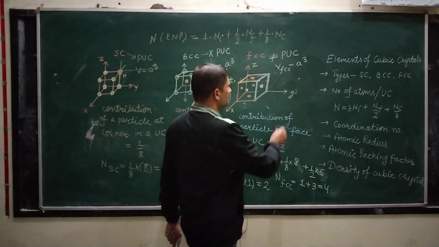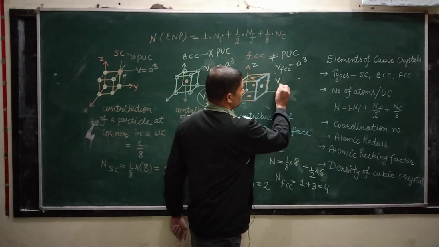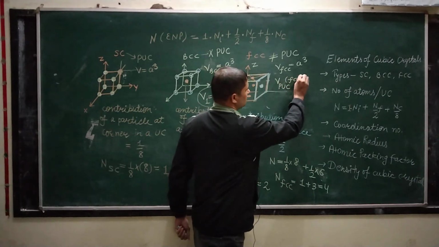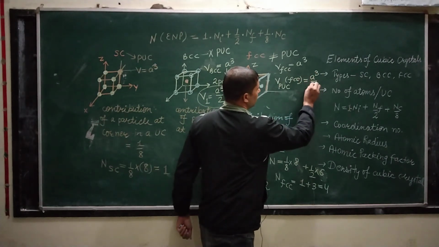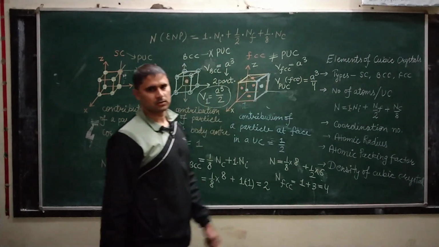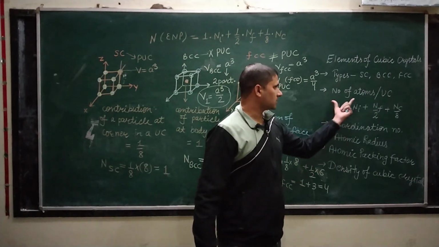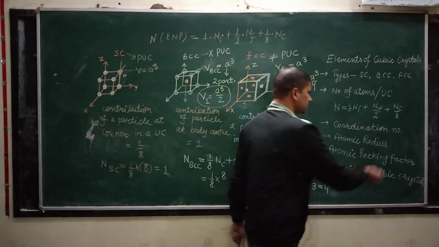So the volume of the primitive unit cell in case of FCC must be equal to a cube by 4. Okay class, so this is the next point, the number of effective atoms in a unit cell, and this is the formula.